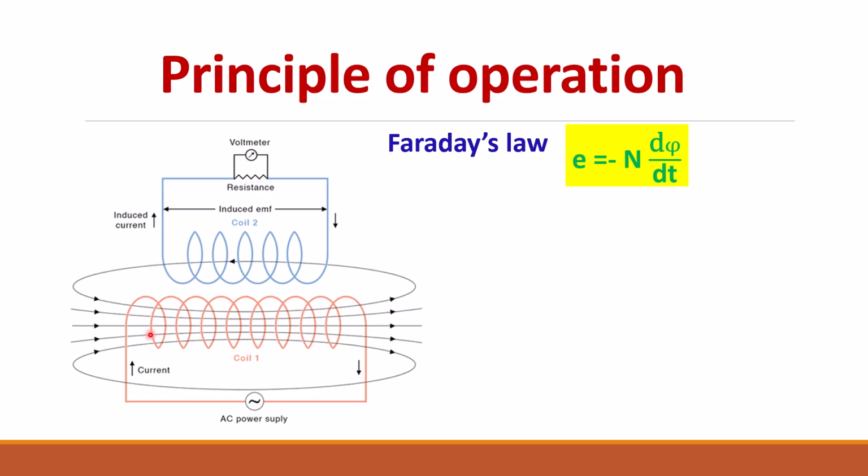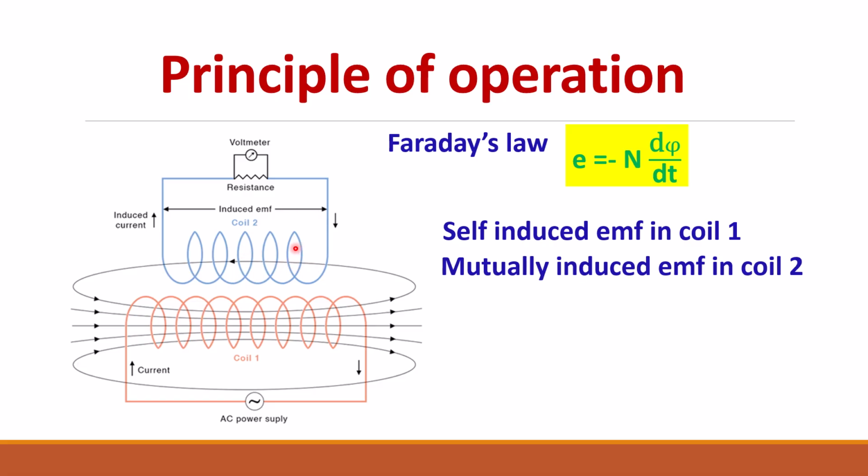The EMF induced in the primary coil is called self-induced EMF, because due to the presence of the power supply here, EMF is induced in the same coil. Whereas a part of the flux will be linking with the secondary coil also. Due to that, an EMF will be induced in the secondary coil. That we call mutually induced EMF.